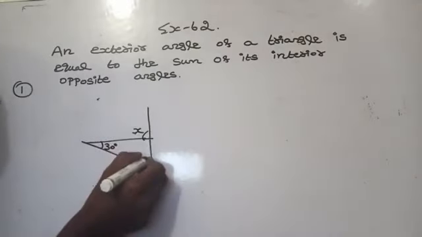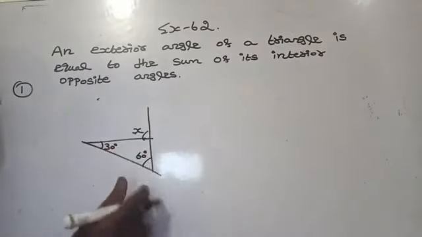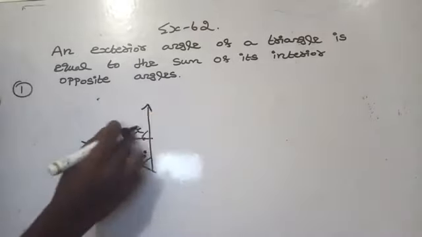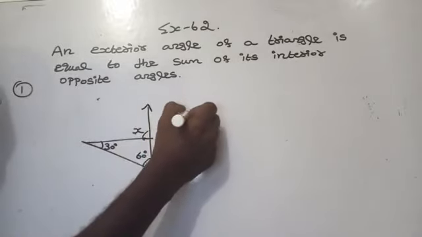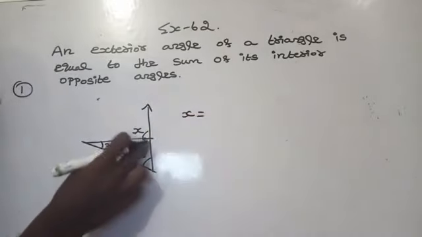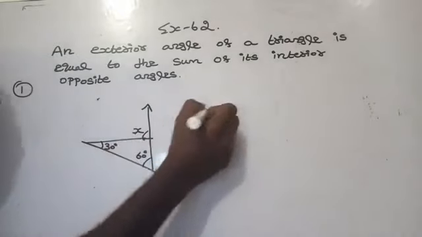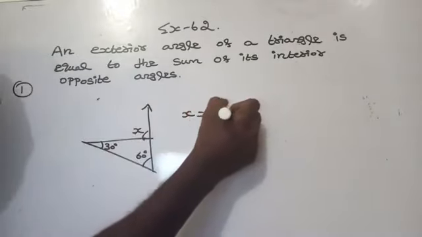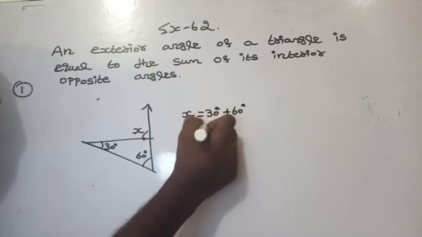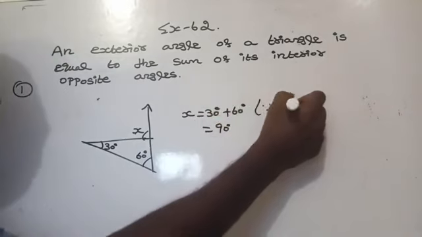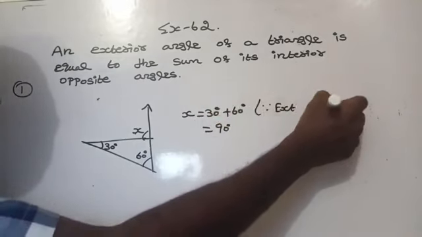It is 60 degrees. So it's a right angle triangle. Now the exterior angle is x. It is an interior angle. What are the two opposite angles to the interior? 30 degrees and 60 degrees. So 30 plus 60 is what? 90 degrees, since exterior angle sum property of a triangle.